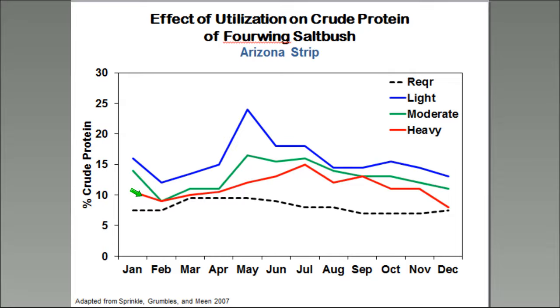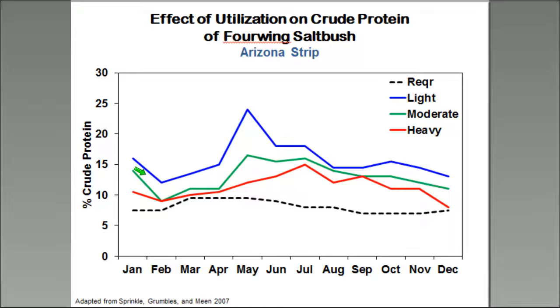And we can see that even at a heavy level of grazing, or browsing, in the red line, this four-winged saltbush is going to provide protein above the requirements for that cow throughout the year. And when we get into a moderate or a lighter amount of tissue removal, the tissue that's left in that plant is still going to be providing above the requirements for this cow.